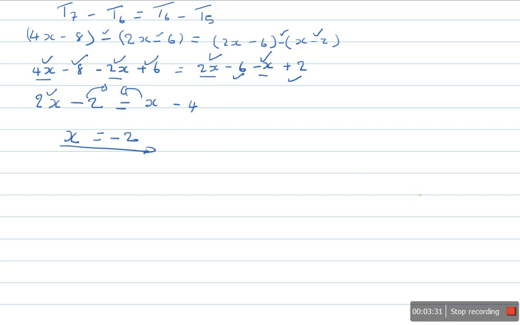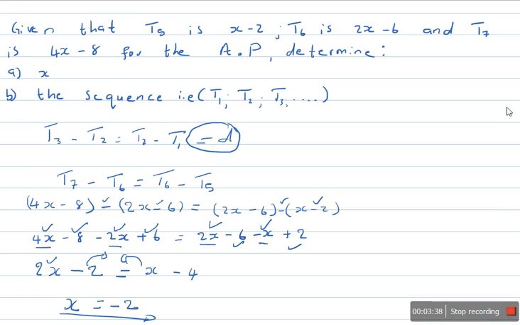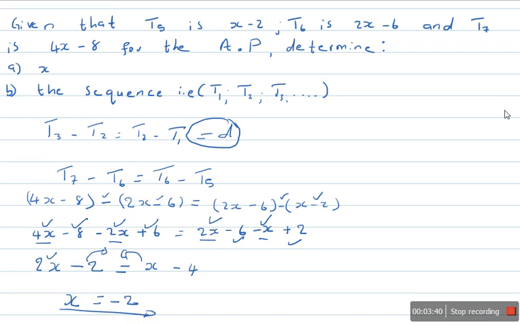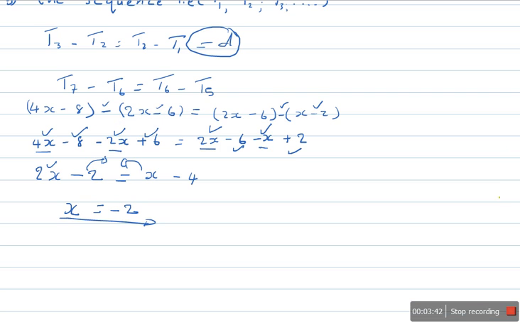So sengifuna ke ama-values wami ke. Mase senza ke okay, u-T5 kuthiwe it is x minus 2, so it's going to be minus 2 minus 2, and then T5 will be minus 4.